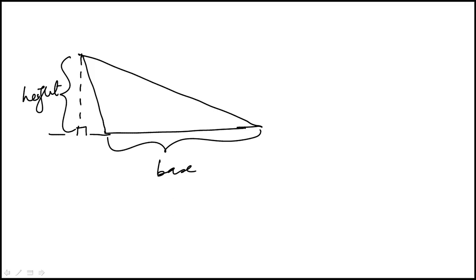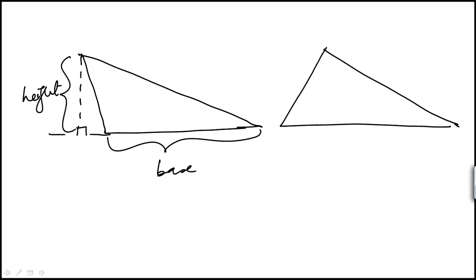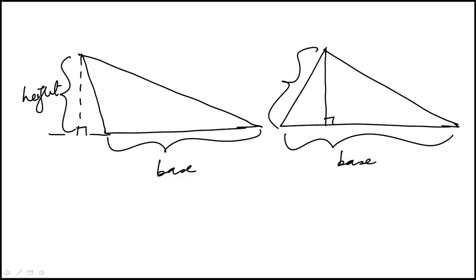And you can choose any side to be the base or the height. It's completely arbitrary. Like here, if this is the base, then the height would have to be this. But if you chose this side as the base, you would have to go from this end and draw a perpendicular, and that would be the height. So it doesn't really matter which side you choose as base.